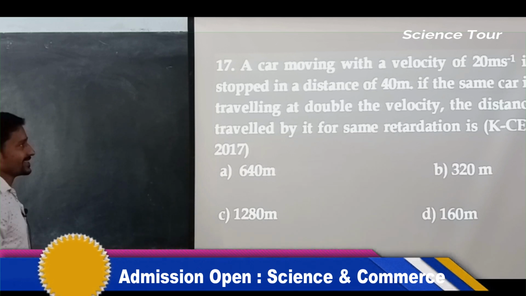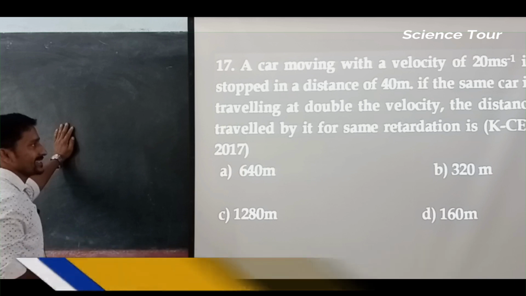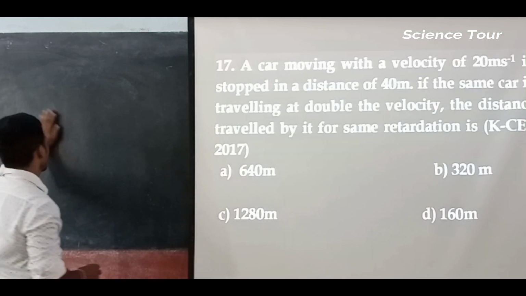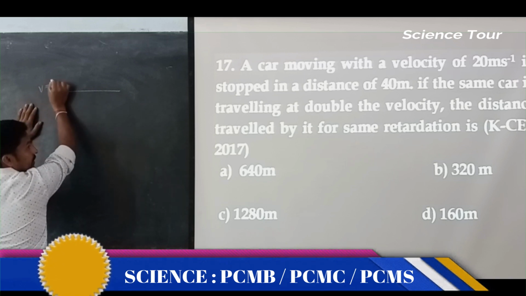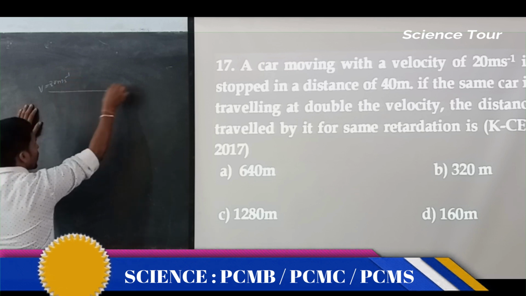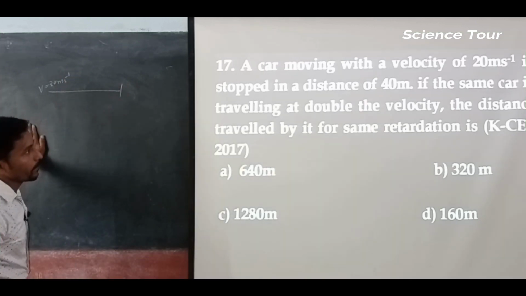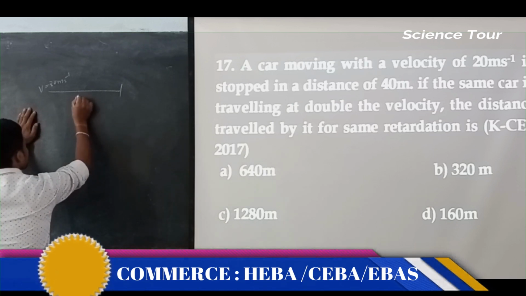A car is moving with a velocity of 20 meter per second and is stopped in a distance of 40 meter. Now the car is moving with 20 meter per second and it is stopped at a distance of 40 meter.